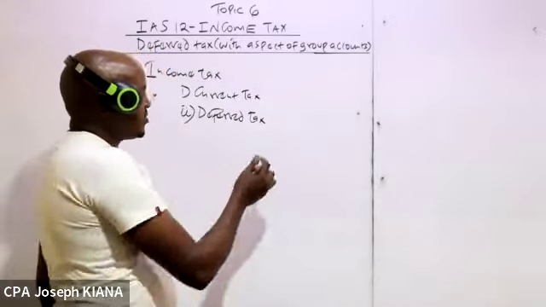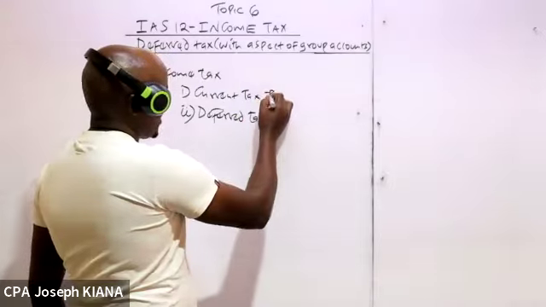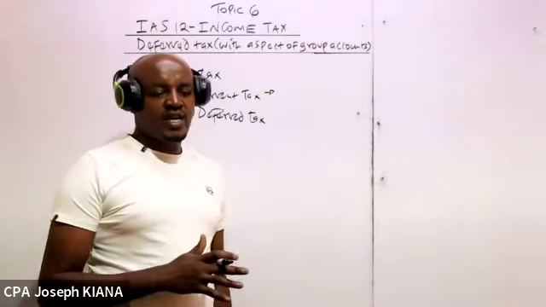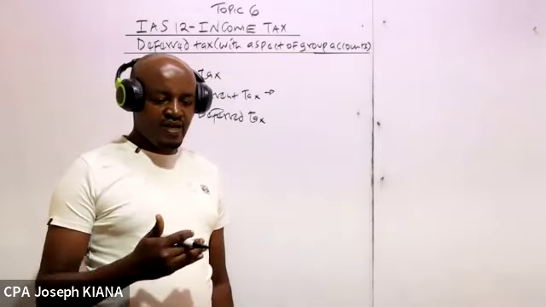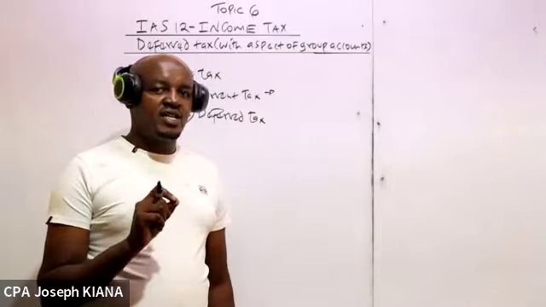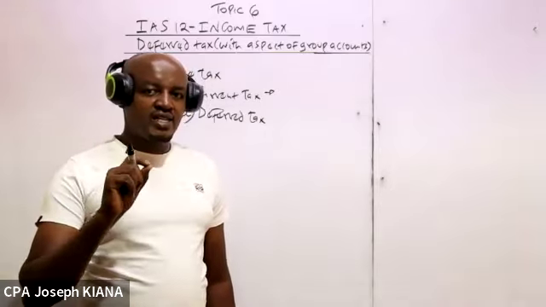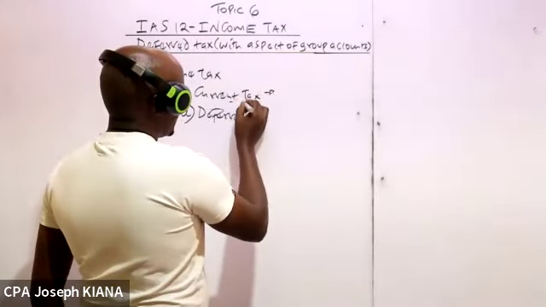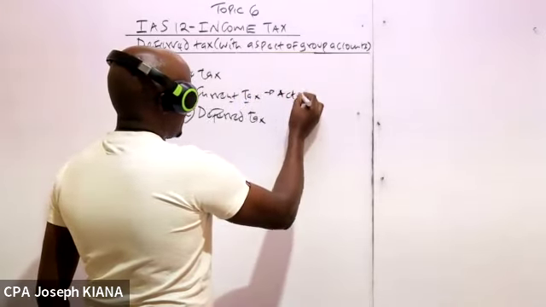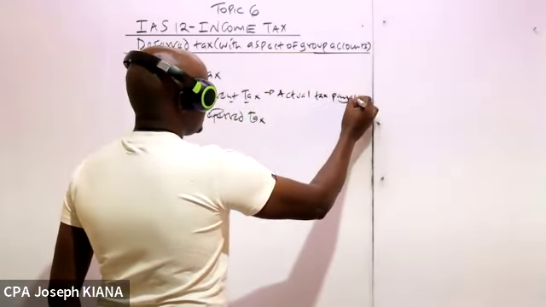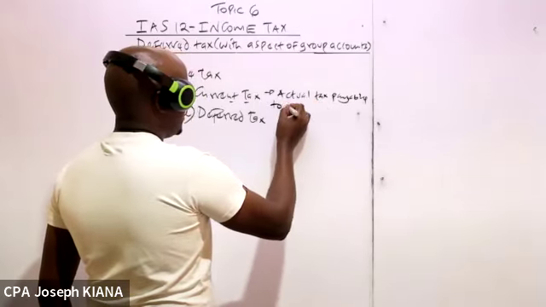But maybe we can also remind ourselves what the current tax is. Current tax generally refers to the actual amount of tax which is payable by the company in respect of a certain accounting period, and this tax is always based on the taxable profit. So therefore, two things: the current tax is the actual tax payable to the tax authority.